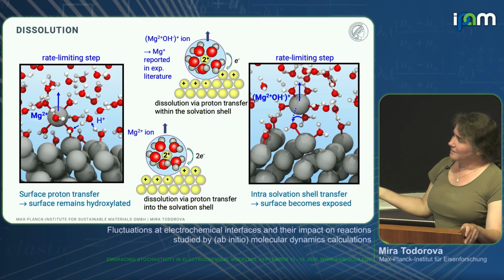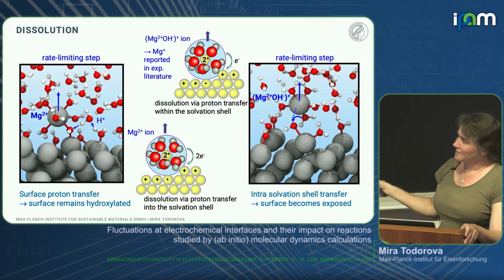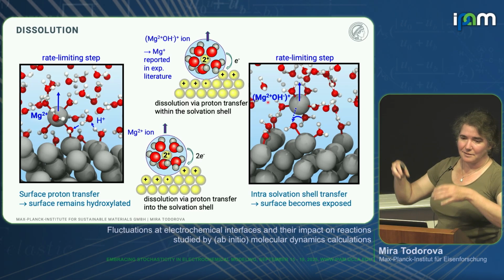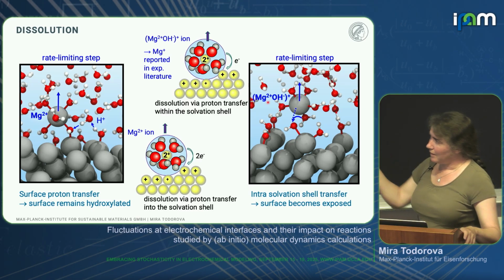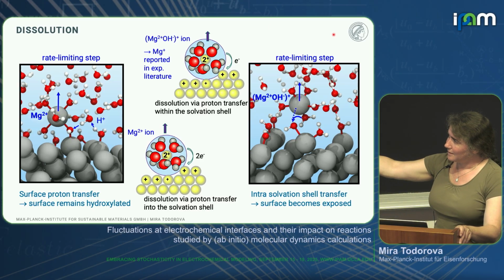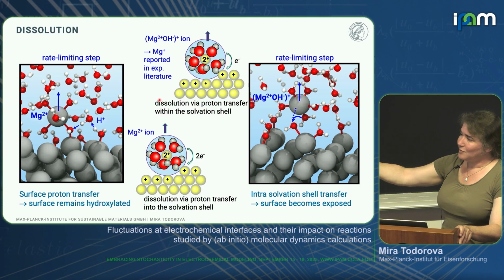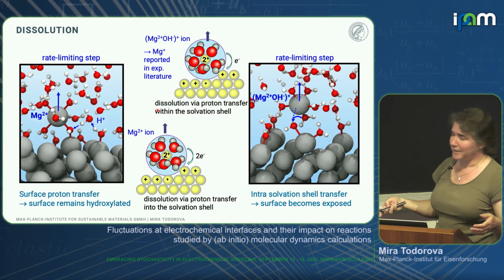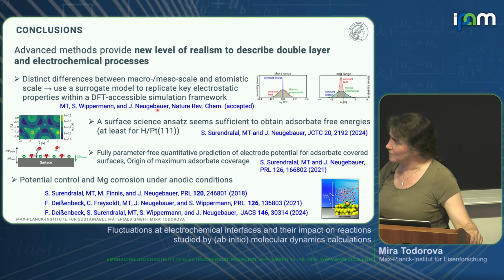There is a second mechanism by which a water molecule already present in the solvation shell transfers its proton to the OH. Therefore, a solvated magnesium OH complex forms, which can go into solution. Going through this reaction, we can see that this is the magnesium 1+ that is hydroxylated, which will explain the ratio between hydrogen and water.